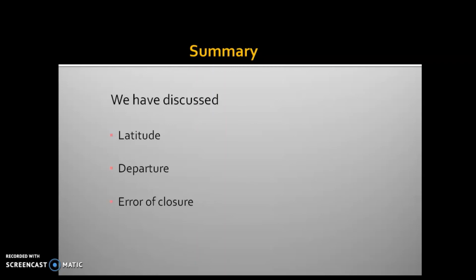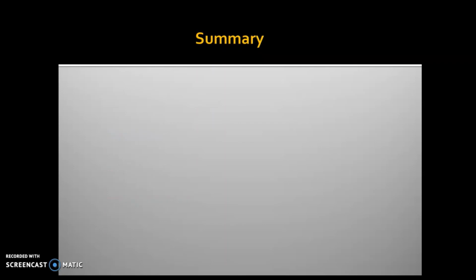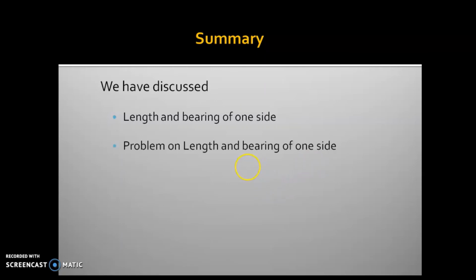Even though you do the fieldwork perfectly, while plotting you may face this problem, the closing error. Next, we discussed length and bearing of one side, and problems on it. In our next class we'll discuss more cases.